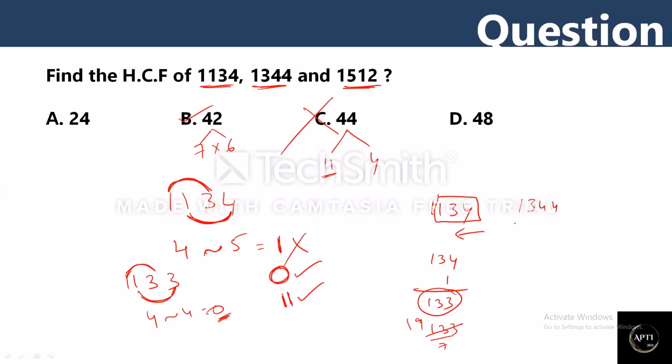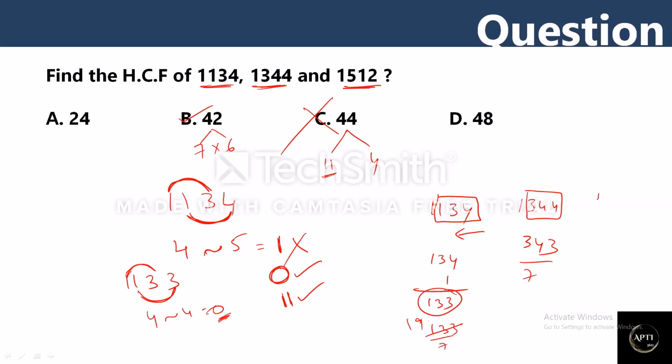Next, similarly 1344. If you have good practice, no need to write so many steps when calculating the divisibility rule of 7. Directly I can write 343. Why 343? Take 344 minus 1, which is 343. Of course this is divisible by 7, because 7 cube is 343. So the second number is also satisfied.